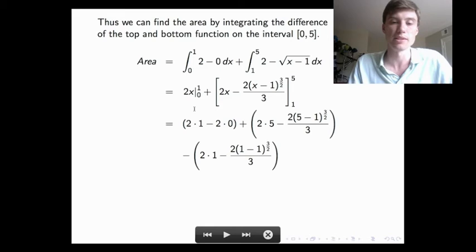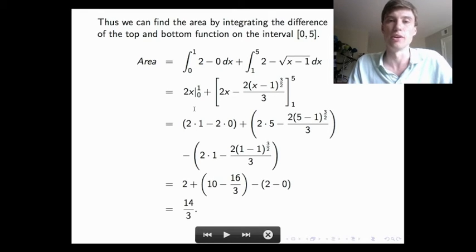After performing a small calculation, we find that this is equal to 2 plus 10 minus 16/3 minus 2, which is equal to 14 over 3.